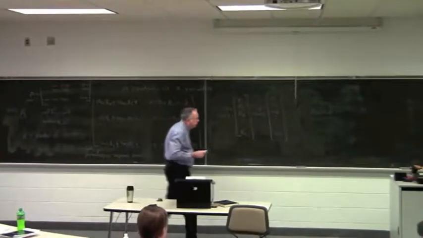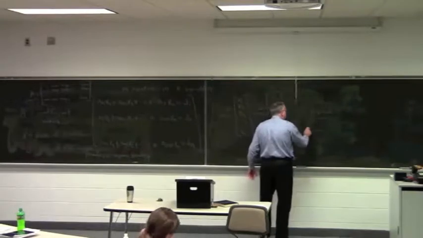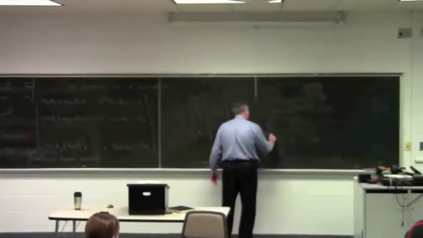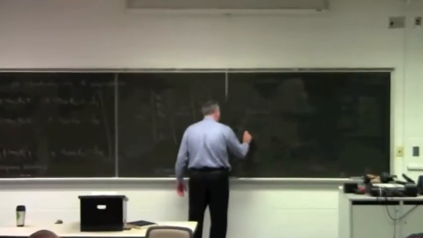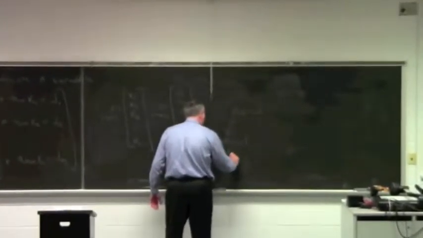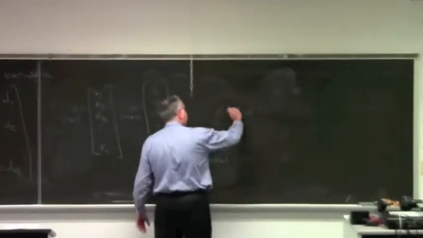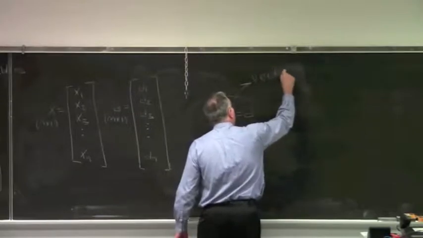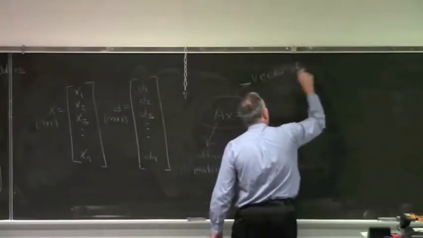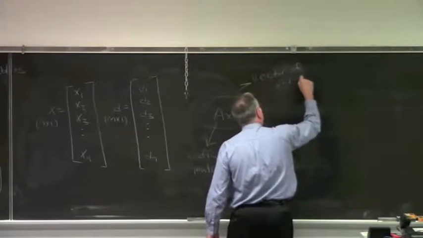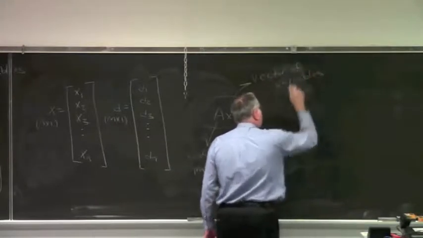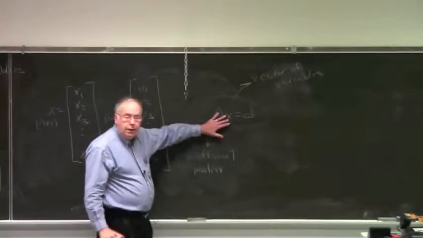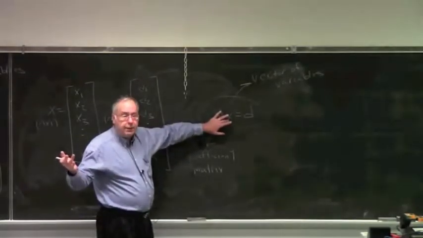Okay. This term here, to repeat, this capital A is the coefficient matrix. This X is the vector of variables. And let me emphasize, it's what kind of vector? What kind of vector is X?